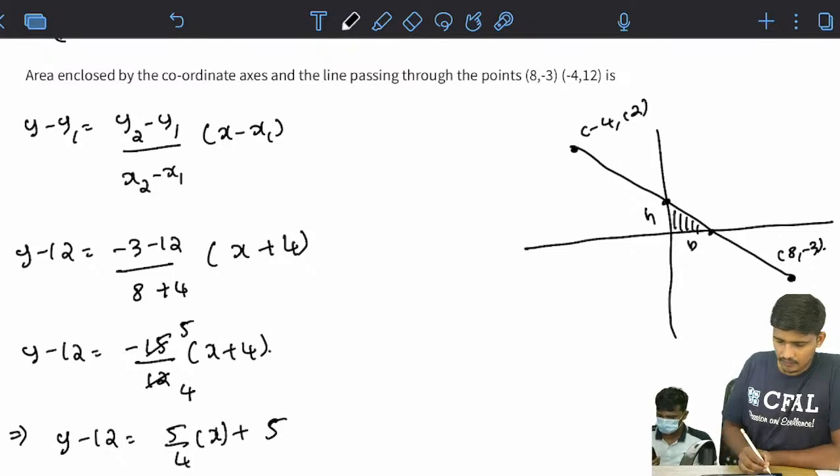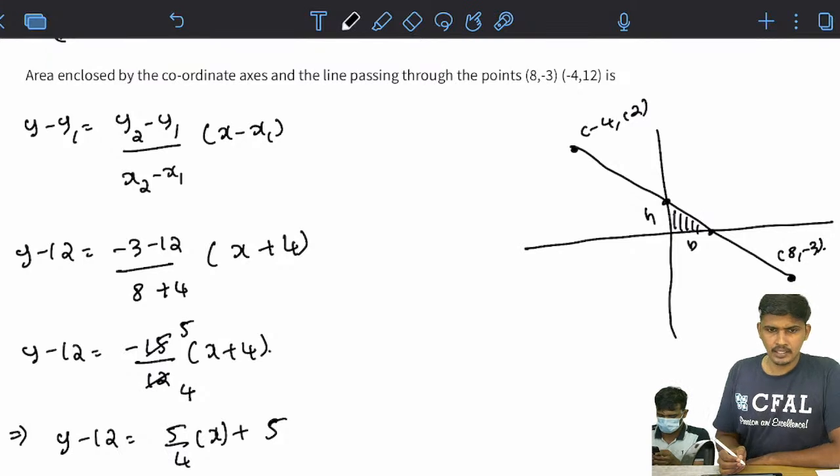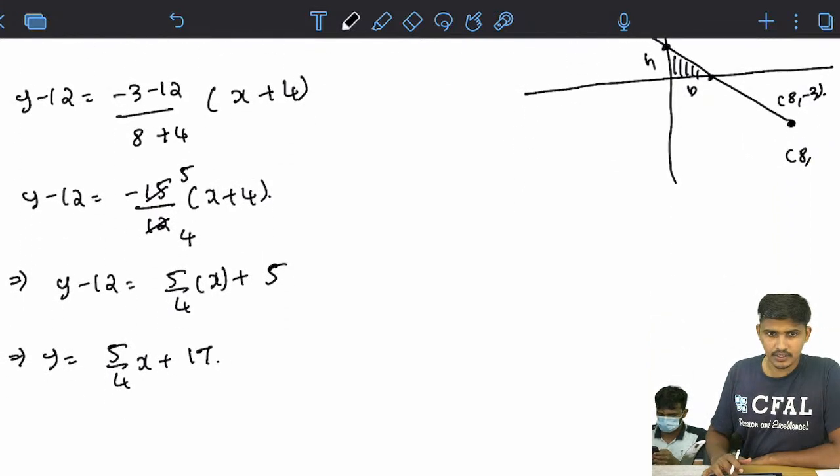So y will be equal to 5 by 4 x plus 12 plus 5, that is 17. So this is the equation of the line, y is equal to 5 by 4 x plus 17.